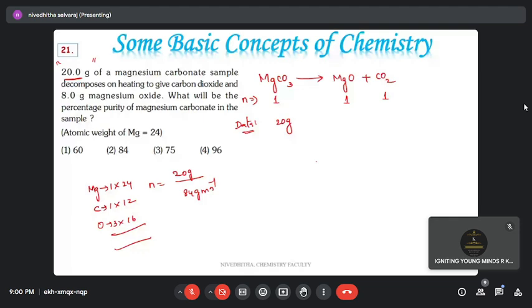It is 40. That's it. So from this you can calculate the weight of magnesium oxide formed. If you take 100% pure magnesium carbonate, then you'll get this much quantity of magnesium oxide.